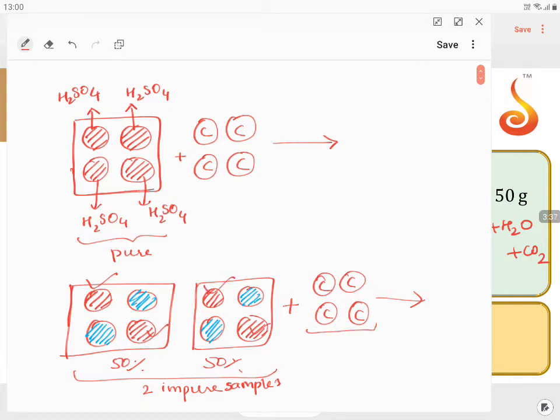and so on with the CaCO3, whereas the other halves will not react. So from the impure sample, I can chemically get 4 H2SO4 molecules by taking two 50% samples. Taking two 50% samples satisfies the same chemical reaction that a pure sample does.